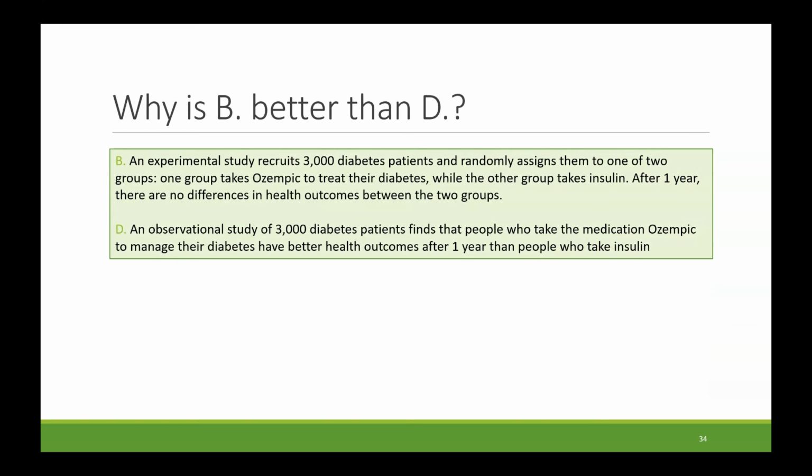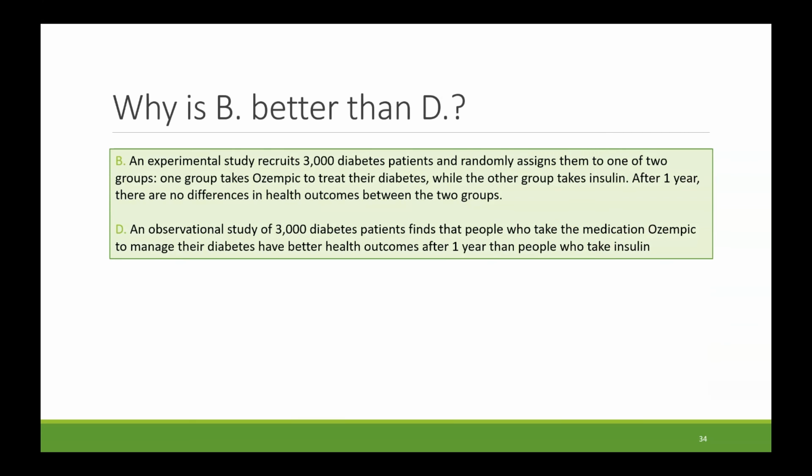Now, without fully giving away the answer to that checkpoint, I do want to discuss with you the comparison between two of these hypothetical studies, the one shown in letter B and D. So B describes an experimental study of 3,000 diabetes patients where half are randomly assigned to take insulin and the other half are randomly assigned to take Ozempic.